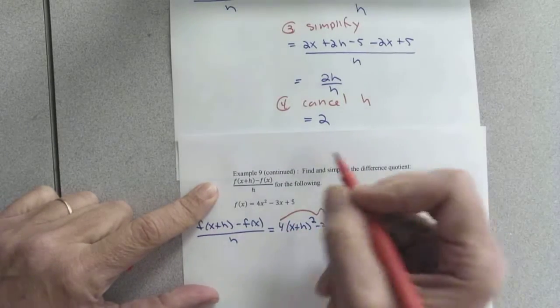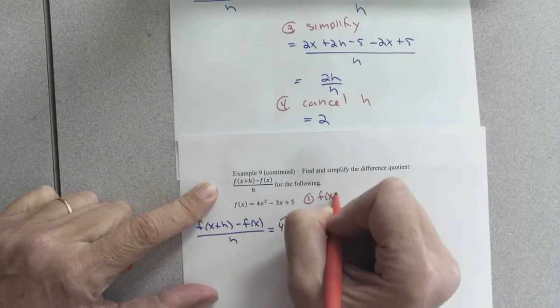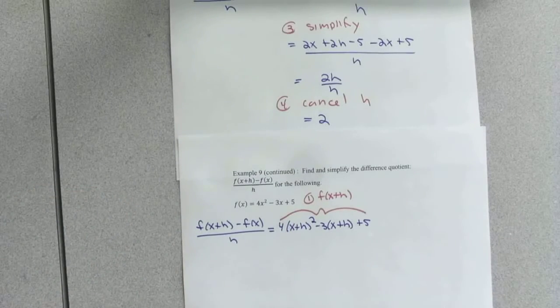There is step 1, f of x plus h. I take my formula for f, I replace every x with x plus h using very careful parentheses. When it says x squared, that means square all of the replacement. So square all of the quantity x plus h, so it has to be in parentheses.